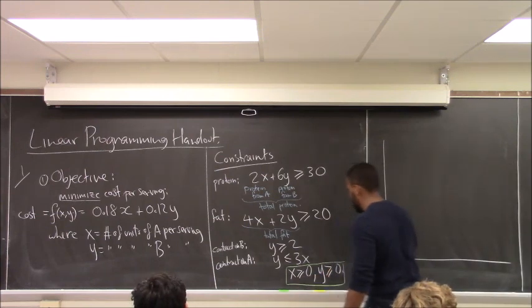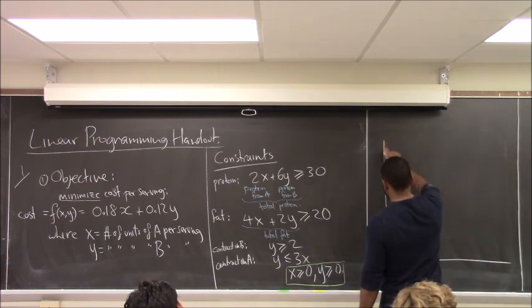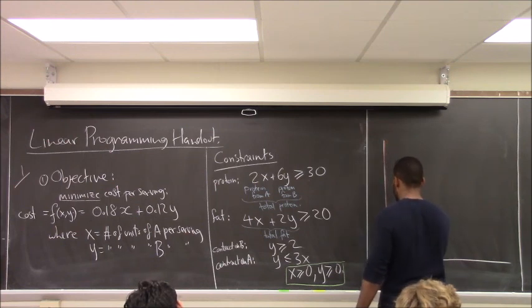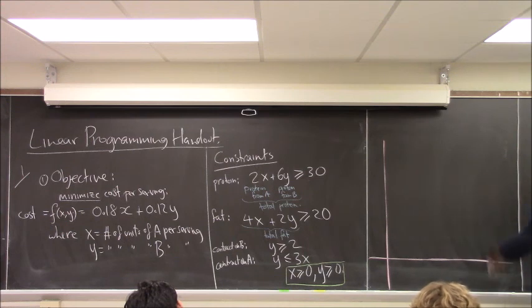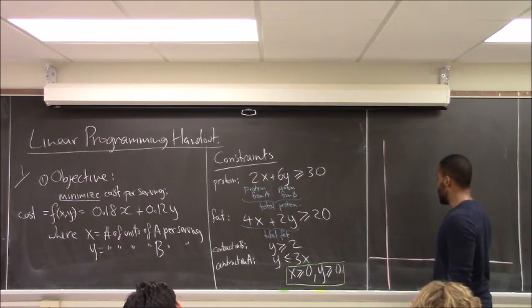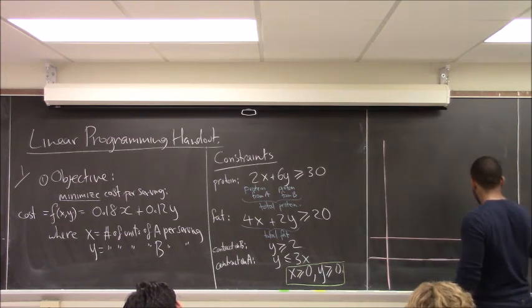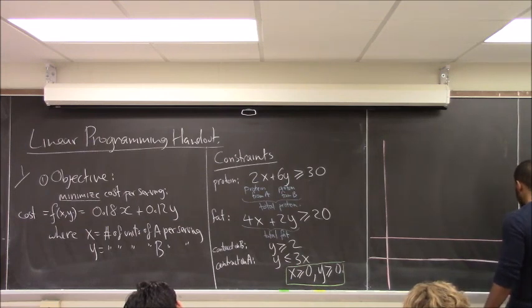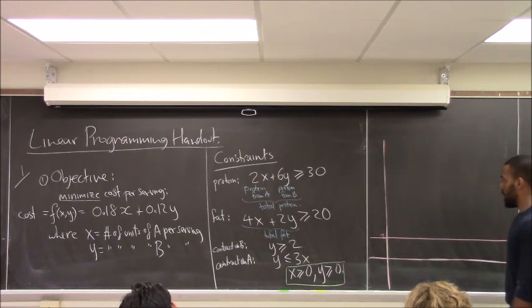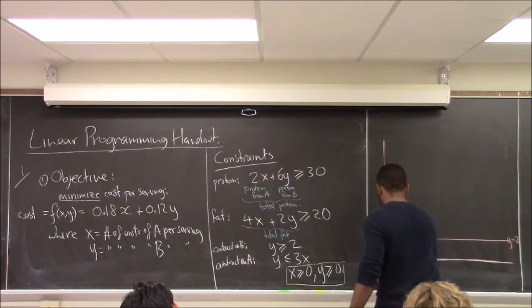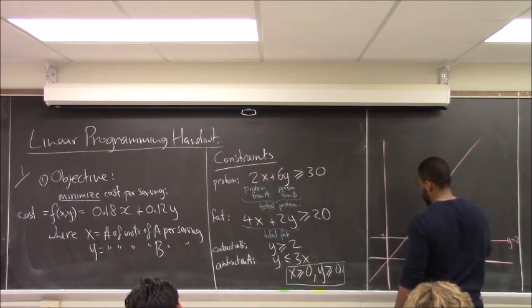So we have our x equals 0, we have our y equals 0, and we want to be to the right and above that. We have a y equals 2. It's just a horizontal line passing through 2. We have our y equals 3x, so that's just going to be a line going through the origin.